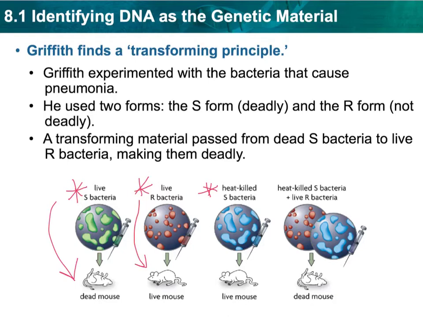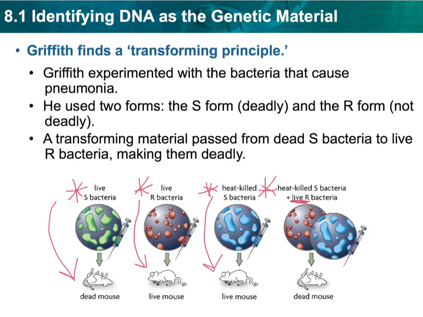And when he heated it first and then injected it into the mouse, the mouse lived. So something had happened that had caused that bacteria, when he heated it, to not cause the mouse to die.